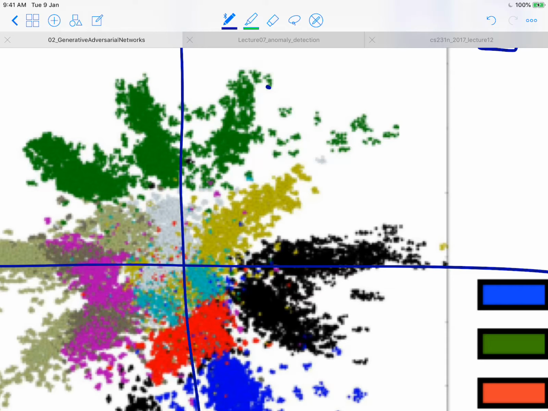You can think of each point as a particular image that we have, and its mean and variance value.